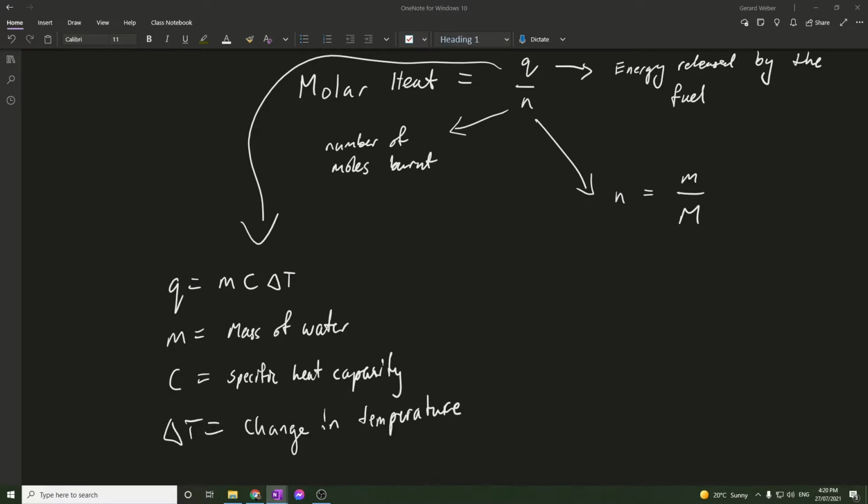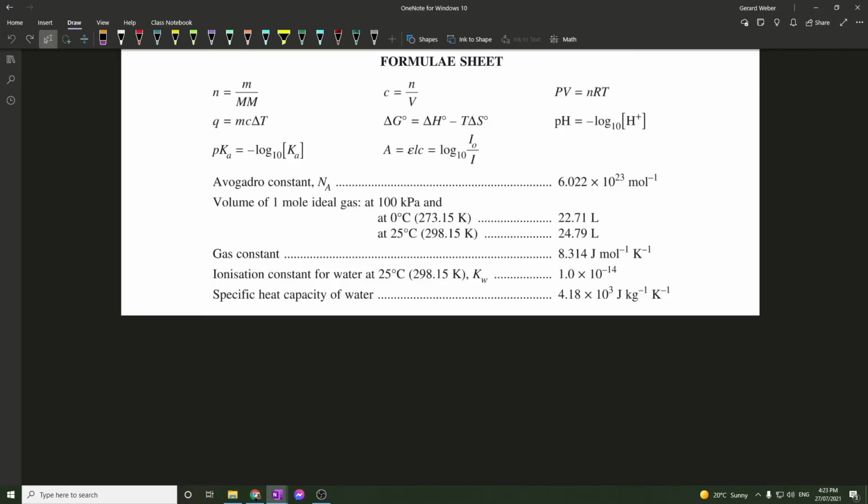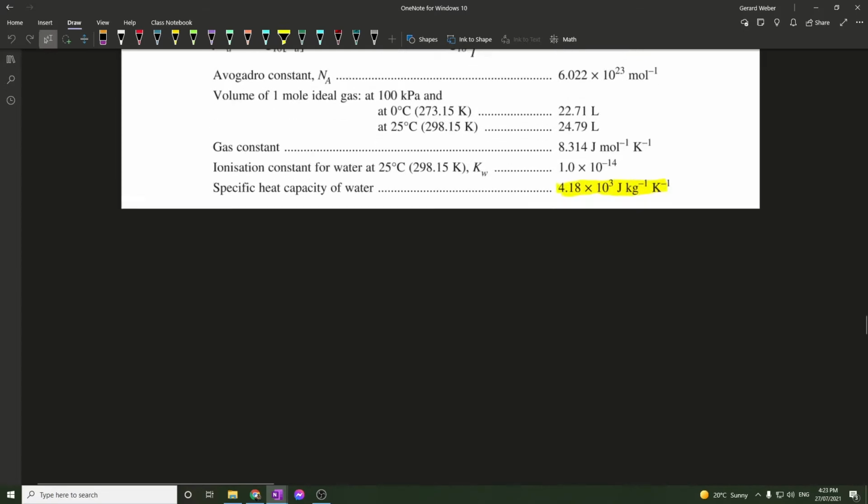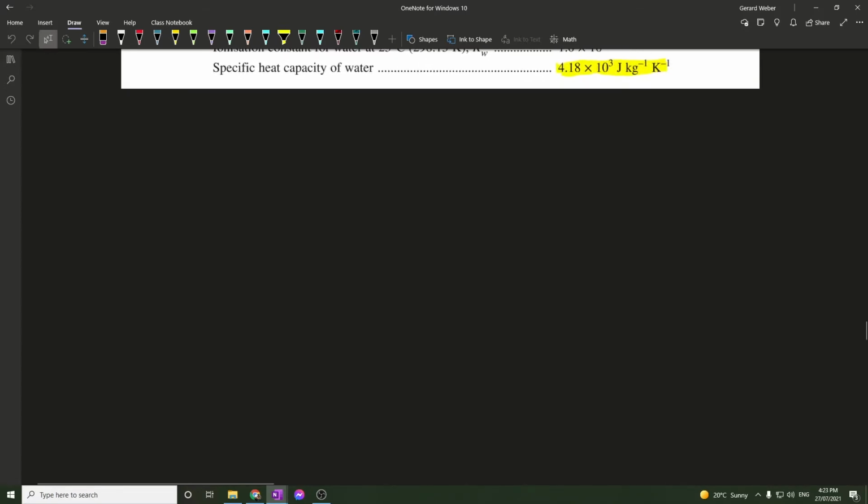Let's have a look at where we find that specific heat capacity number. We'll take a look at the specific heat capacity of water down here. It's 4.18 times 10 to the 3 joules per kilogram per Kelvin. I'm not a big fan of that number, simply because in chemistry we always use grams.